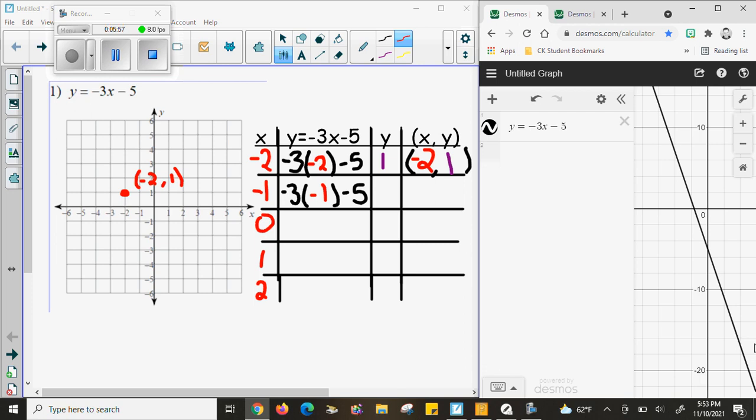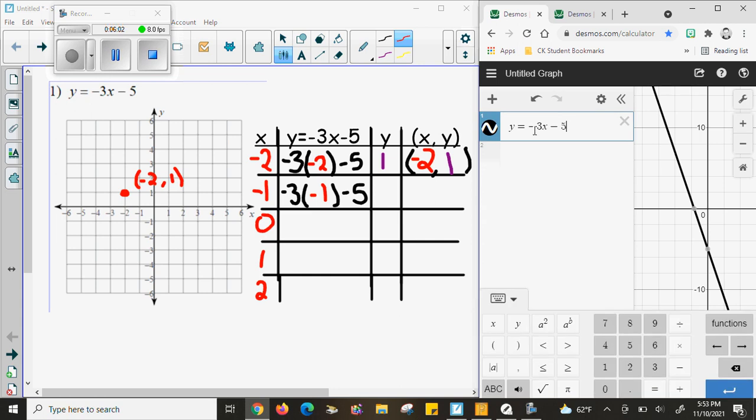Now, here's how we cut corners. I'm going to go back up to this equation. Notice I clicked on it. And I'm going to click on this gear that says Edit List.